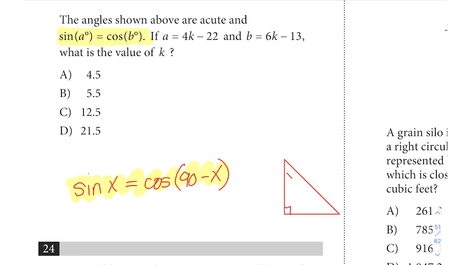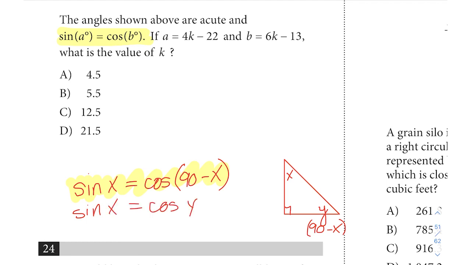Another way of saying this is if you think of any right triangle, if you look at these two angles, we can call them x and y, but just understand that y in this case is really the same thing as 90 minus x. Since we have a 90-degree angle, the other two angles have to add up to 90.